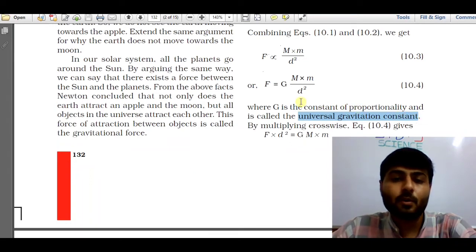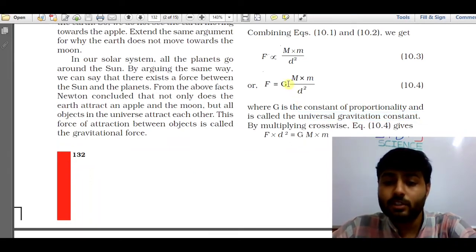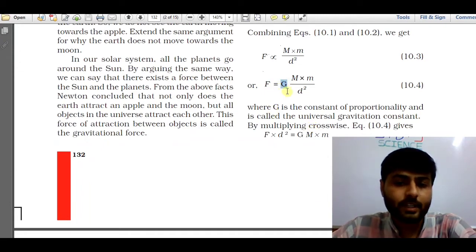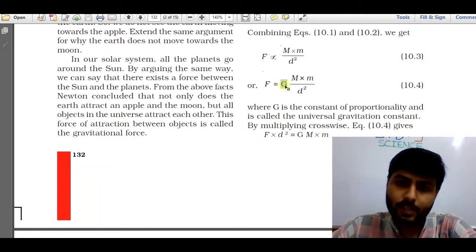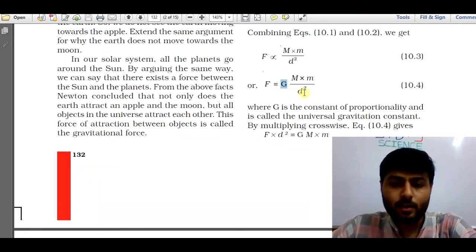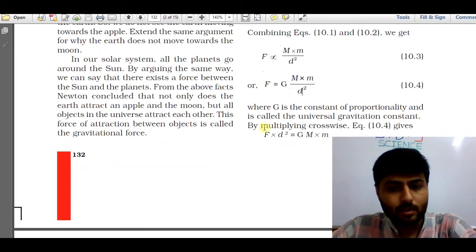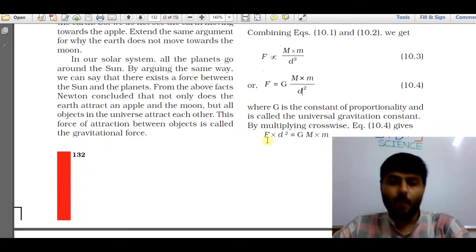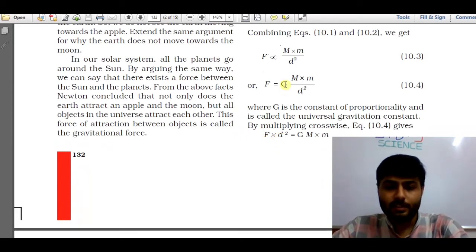Now, if we want to find the SI unit of this G, what do we have to do? We have to make G the subject. This d square will be multiplied with F, so we have F into d square is equal to G into capital M into small m.